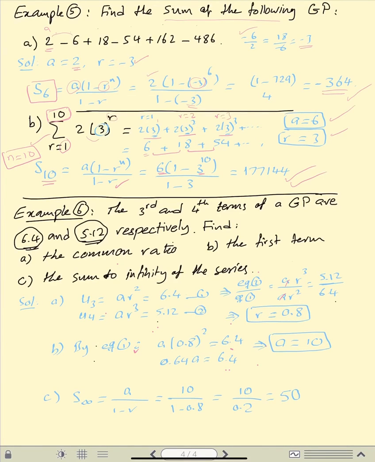Okay, the same logic as we did in the previous example. You are given the third and fourth terms. You just write the notation of the third term, which is A R squared, and the fourth term, which is A R to the power of 3, or R cubed. Write the values given.